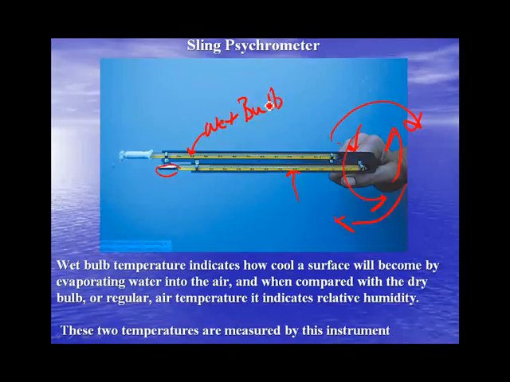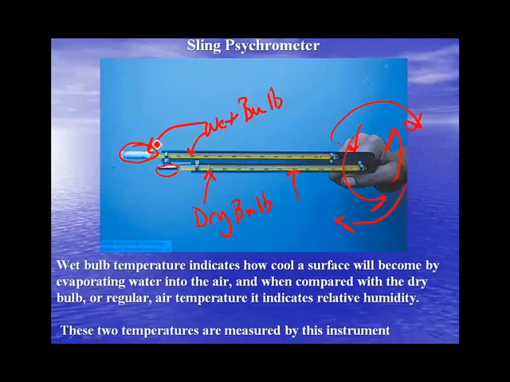In other words, we have a piece of gauze over the end of the thermometer here. And what we do is we wet this gauze here, and so we have a dry bulb and a wet bulb. And so we sling it around, and I've actually demoed this in class for you.